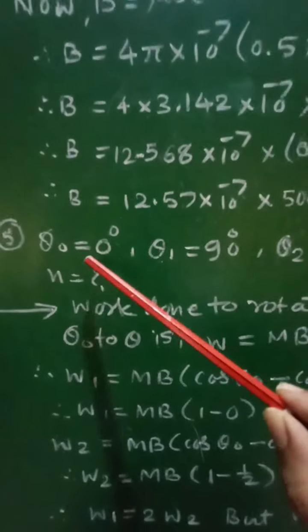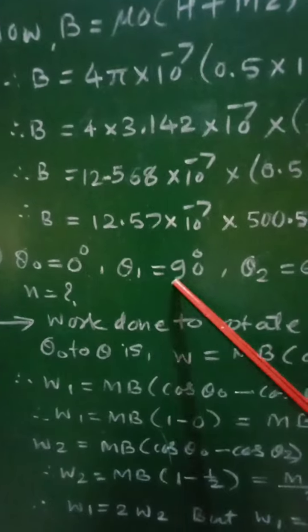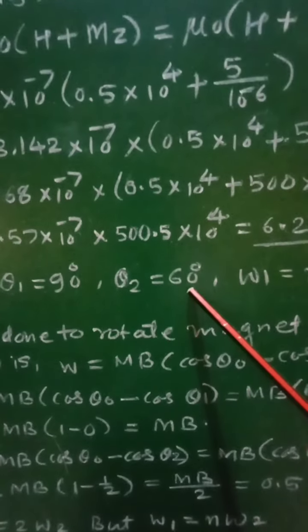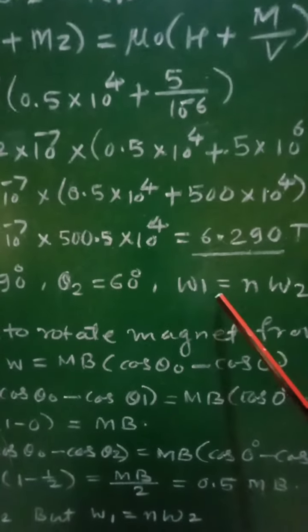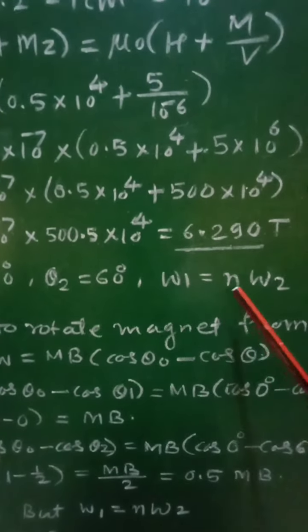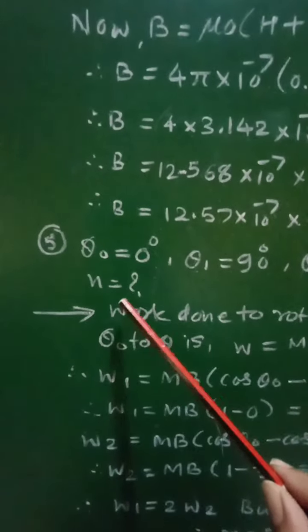To find that work done, given data is theta 0 is equal to 0 degree, theta 1 equal to 90 degree, theta 2 equal to 60 degree. Then relation between two work done is given, W1 equal to n times W2, and we have to find out the value of n.